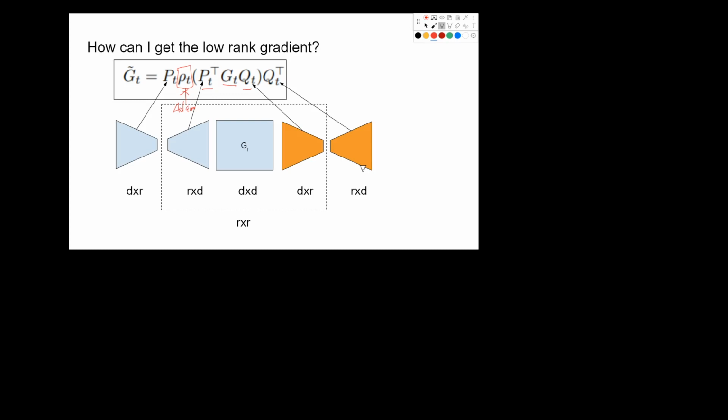After we get this vector, we can just use PT and QT to project it back to the original dimension, and then we get a GT here.